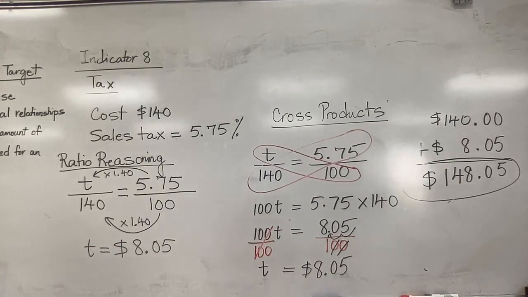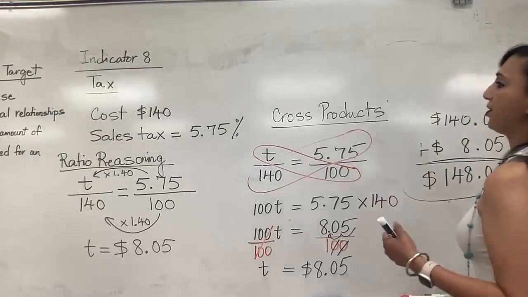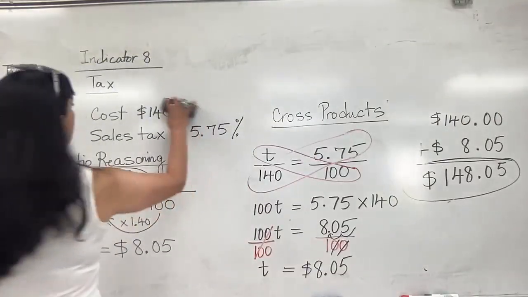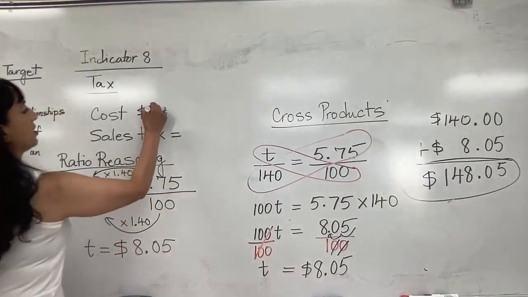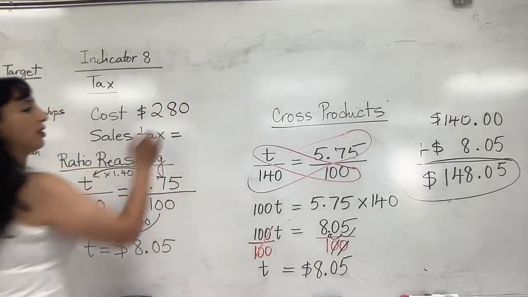Let's talk about a hotel tax, because that's one thing that we end up spending a lot. We're thinking like, hey, the cost of a hotel room rented for 2 nights is $280. So the hotel room, for 2 nights, is costing $280.